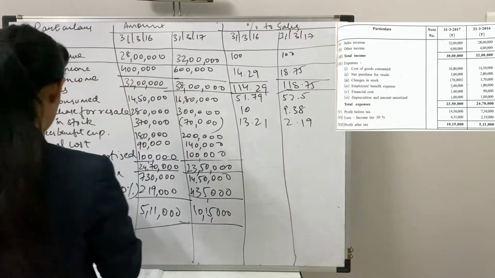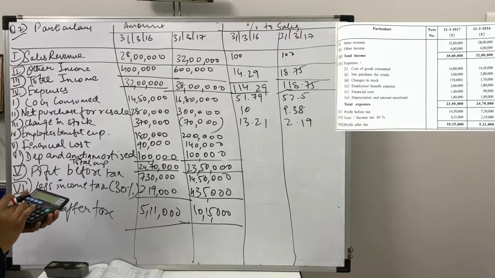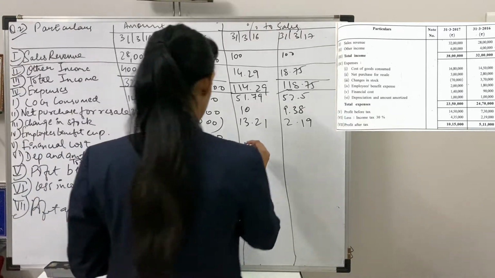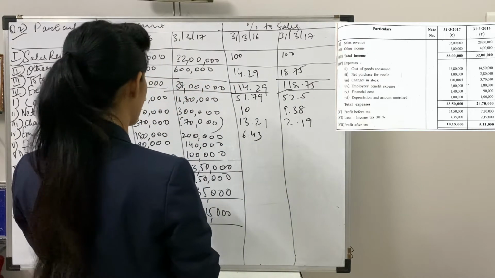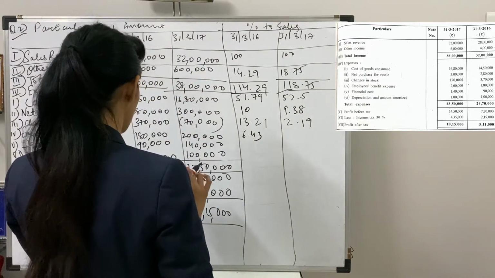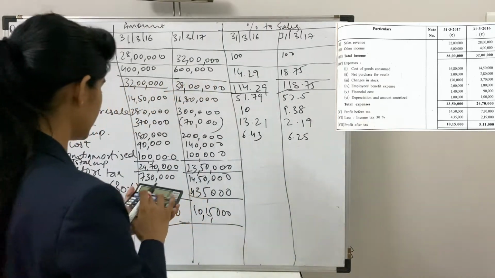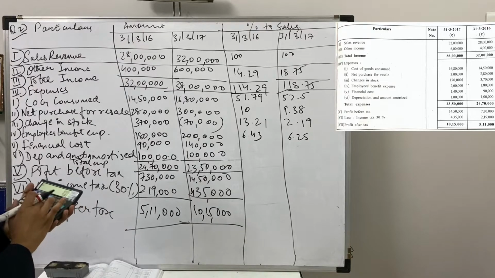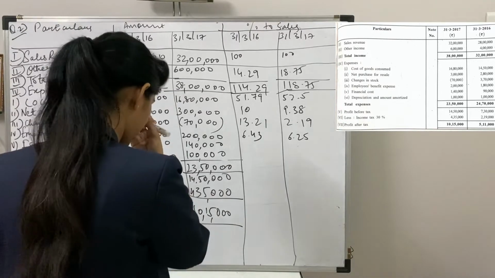Now 1 lakh 80,000 into 100 divided by 28 lakh, we are getting 6.43. Next is your 2 lakh into 100 divided by 32 lakh, we are getting 6.25. Next is your 90,000 into 100 divided by 28 lakh, we are getting 3.21.